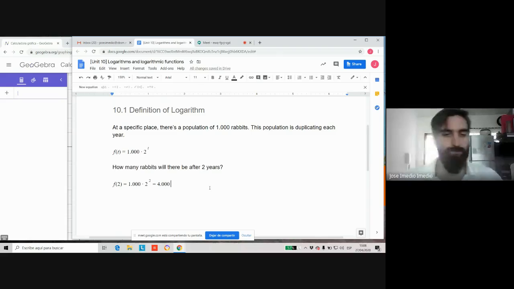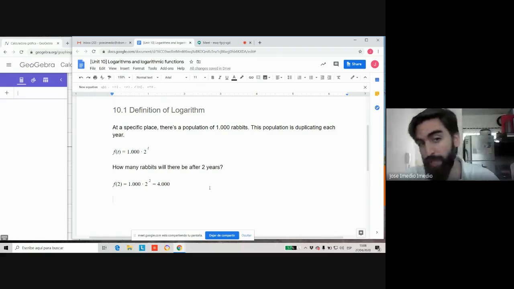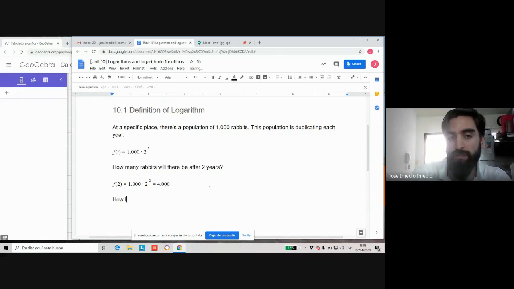Now we can ask another question: how long will it take until there are 8000 rabbits?